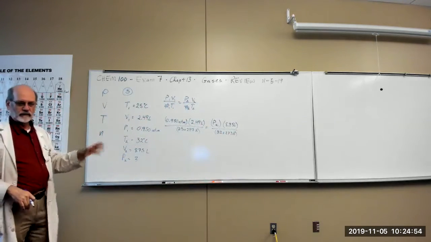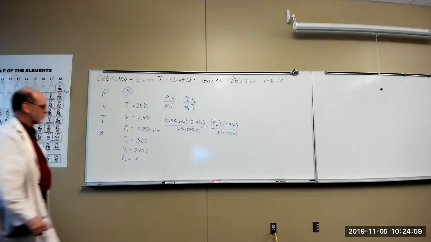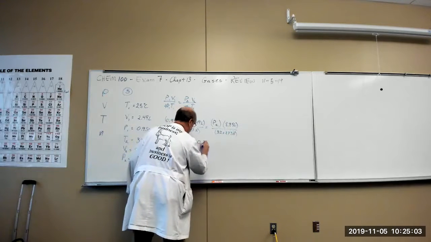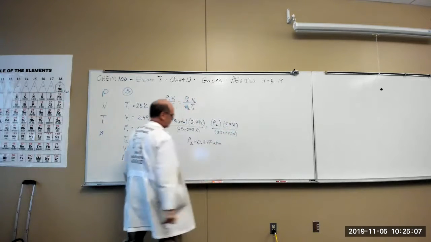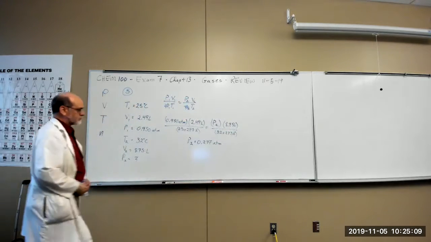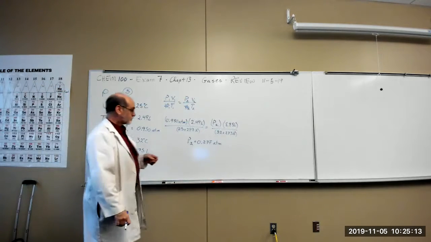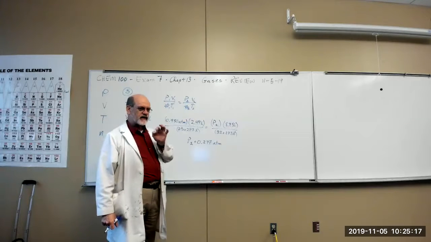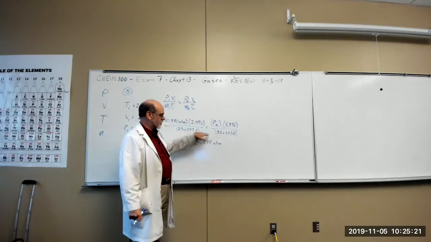Solve for the unknown. So if we solve for that unknown, there we go. Notice also that the only units that we had to be absolutely sure were correct was temperature.